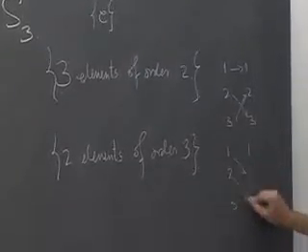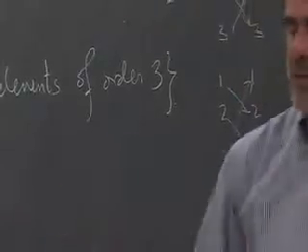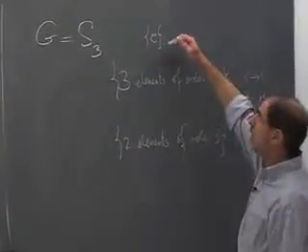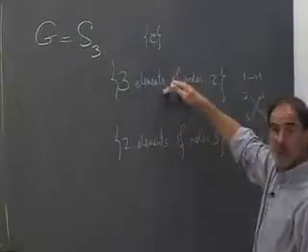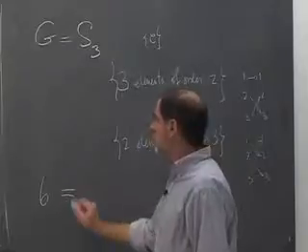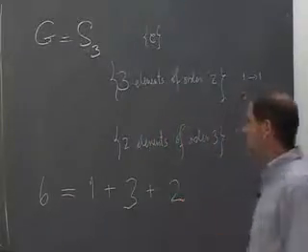By the way, once we get a little bit further, we're going to determine all the conjugacy classes in the symmetric group. But in S3, there are three different conjugacy classes: the identity, the elements of order 2, and the elements of order 3. The class equation looks like this: 6 is equal to 1 plus 2 plus 3.